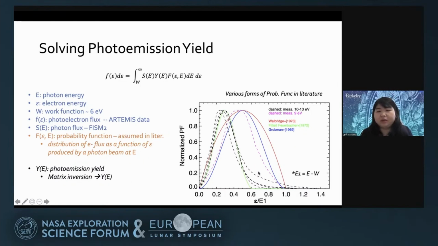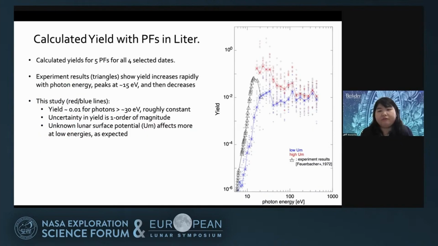To the right, I show a few different probability functions reported in the literature. If we follow that equation and use those probability functions, these are the derived yields with different probability functions and for selected photoelectron spectra. This is yield against photon energy.